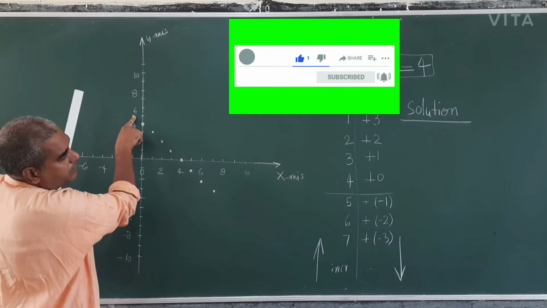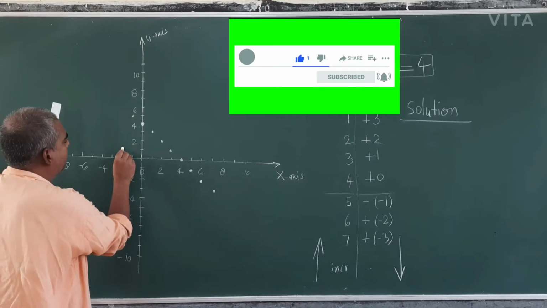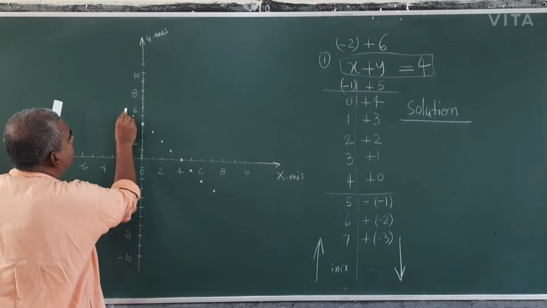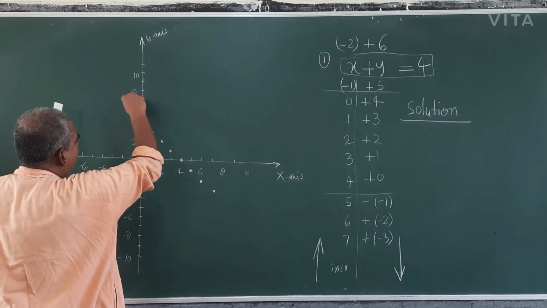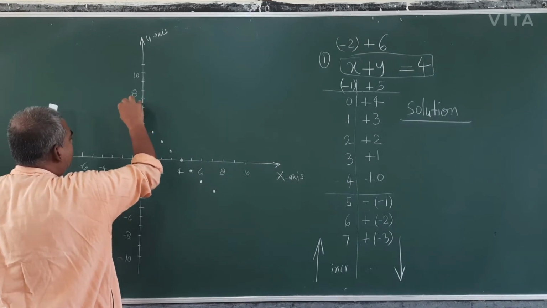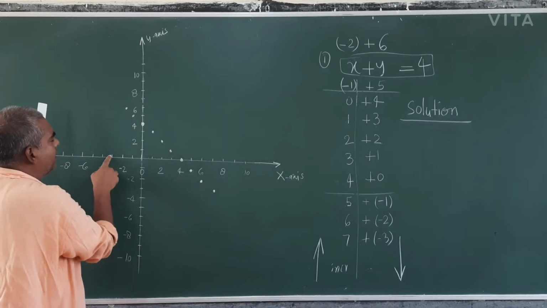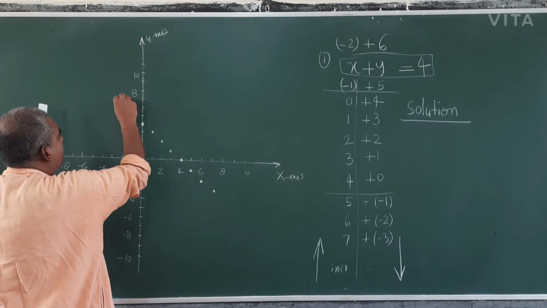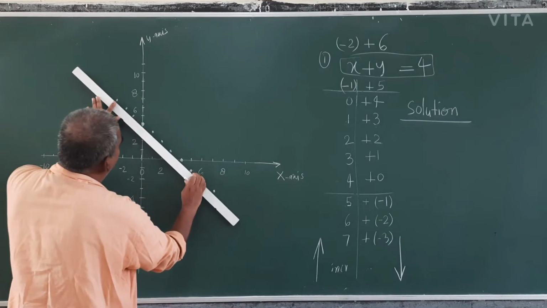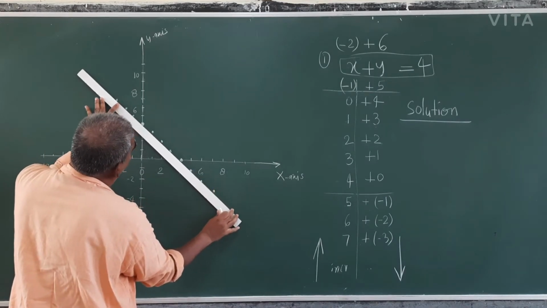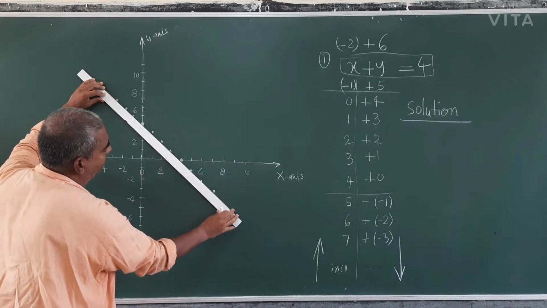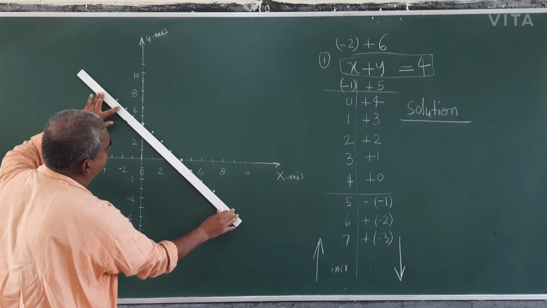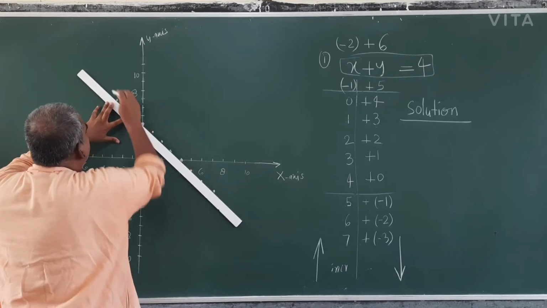X value minus 2, y value 6. X value minus 3, y value 7. When you keep this scale, all the points lie on a line.